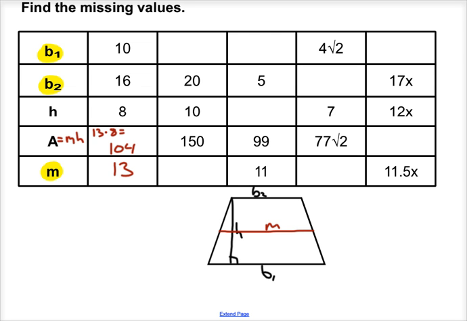The next part, I don't know the base 1 and I don't know the median, so I can't work on that. So if they give me the area is 150 and the height is 10, if I divide, I can get the median. So 150 divided by 10 gives me that the median is 15. So now let's find base 1. Well, I know that the average of the bases has to be 15.